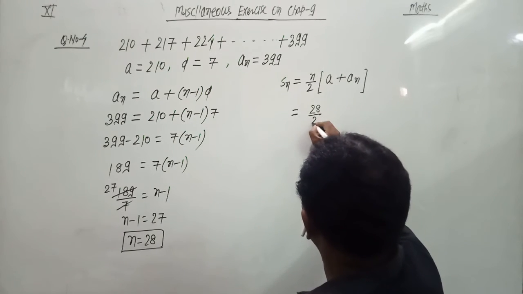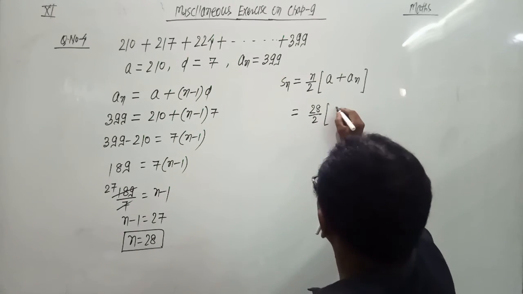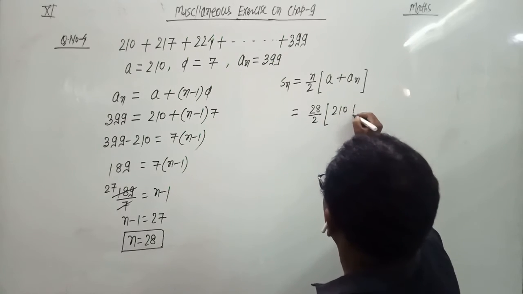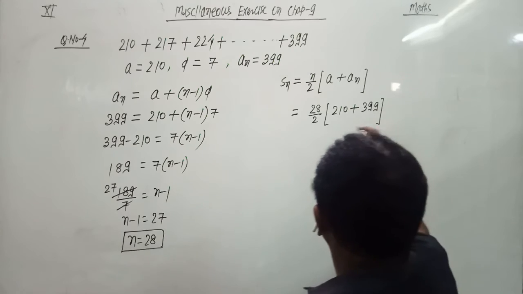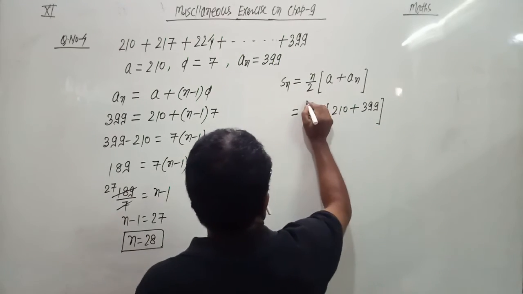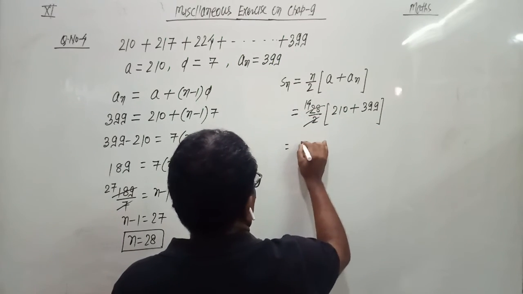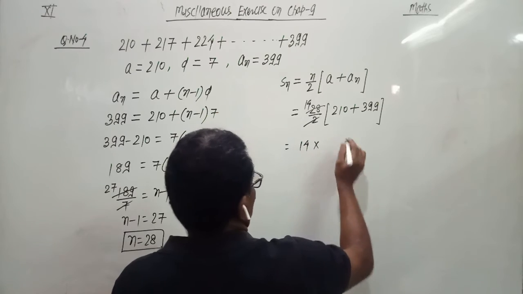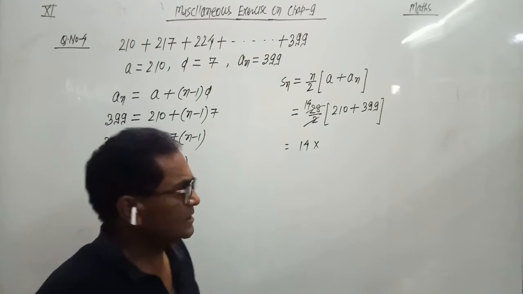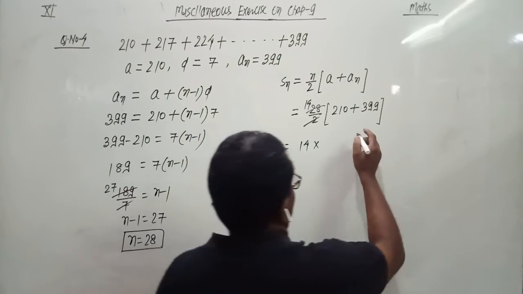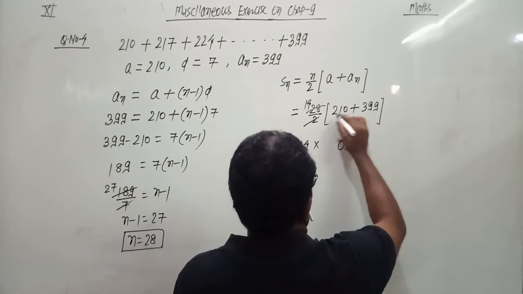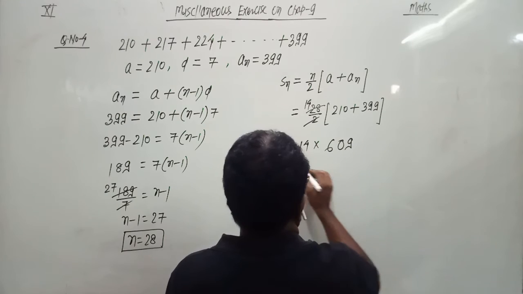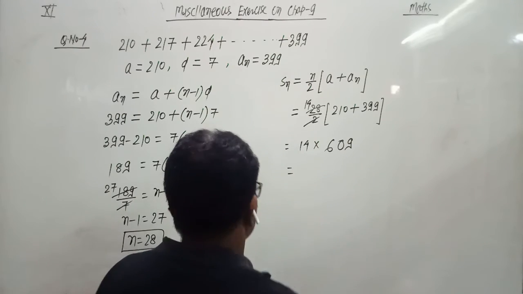The first term is 210 and the last term is 399. So it goes by 14 into 399 plus 210. 9 plus 0, 9, 3 plus 2, 5 plus 1, 6. 609 multiplied by 14.